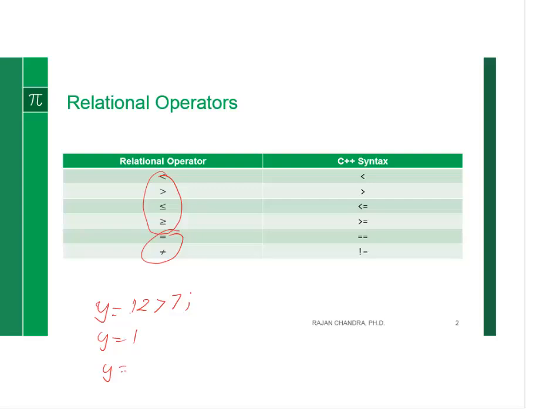On the other hand, if I say 10 equal to 7, here I am asking the question whether A is exactly equal to B. The answer is no. No means it is false, and that means y will assume a value 0.